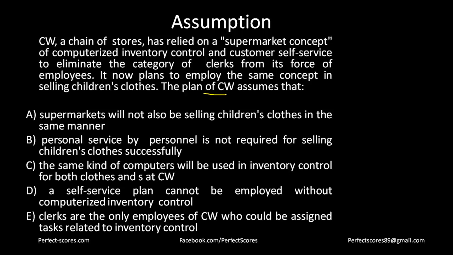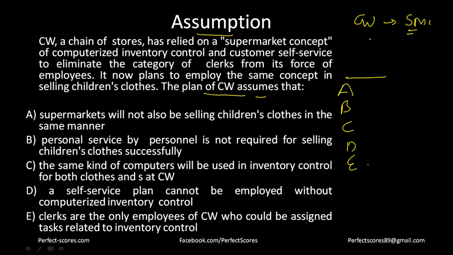Now we already knew that it's an assumption question since the heading says assumption, so we did not read the question stem first. However, what you should do is have at least the options in front of you. So what are the premises and the conclusion telling? That CW is relying on a supermarket concept of computerized inventory control and customer self-service. So that means there is no need of clerks.